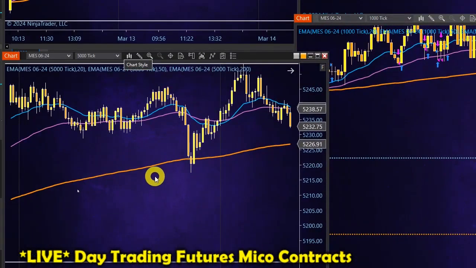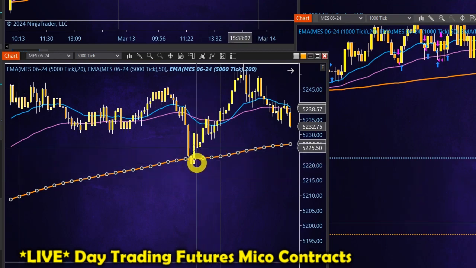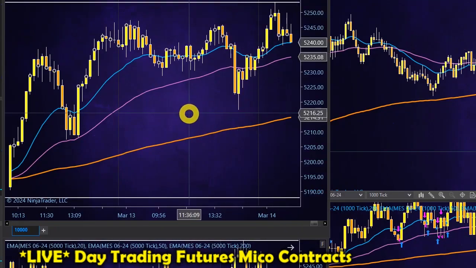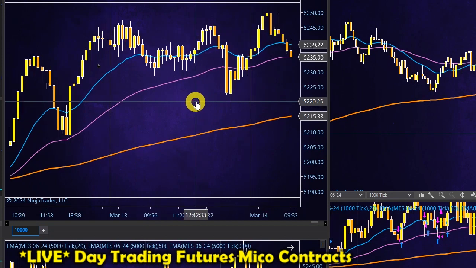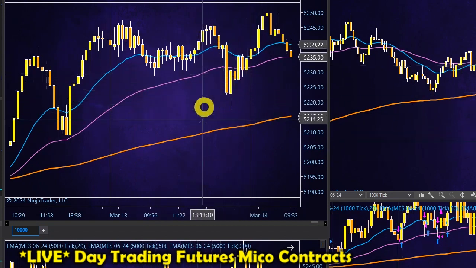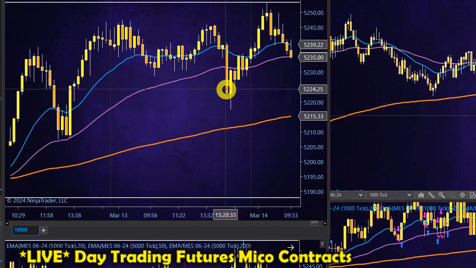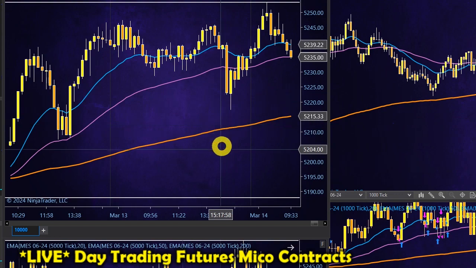Here's where the 5,000 tick comes in handy, because on a big dip down like this, before it went up, this is some of the best prices that you can get. It's dangerous, but it's sometimes the best price opportunity.